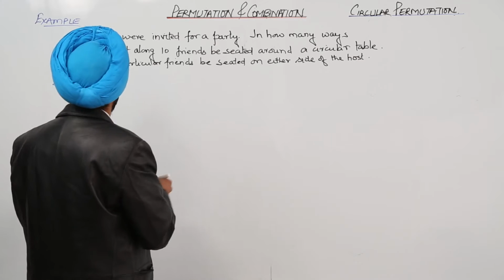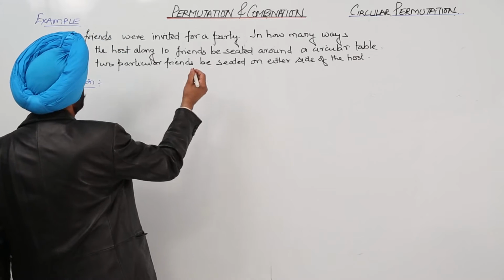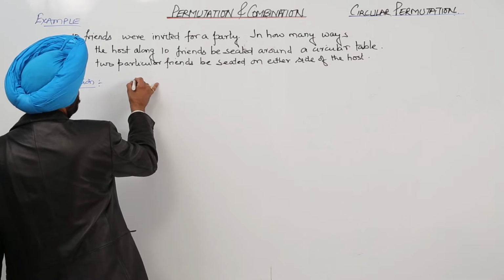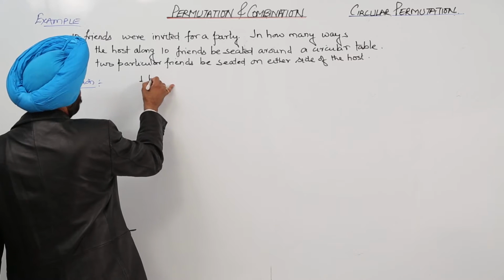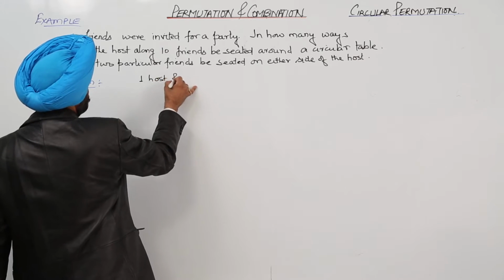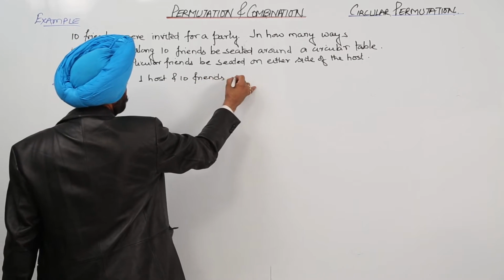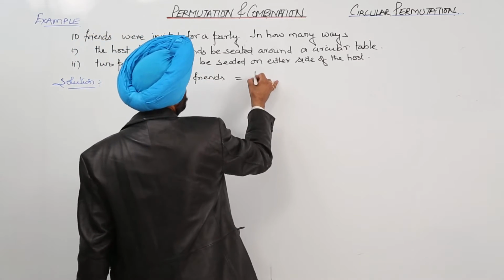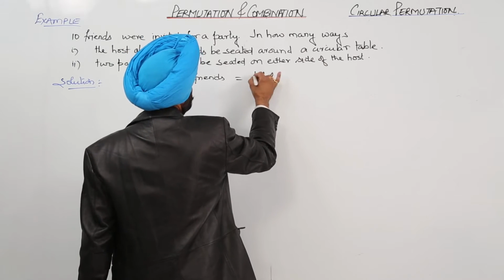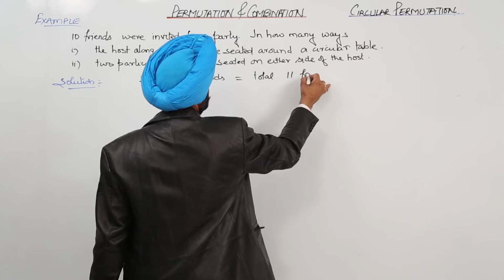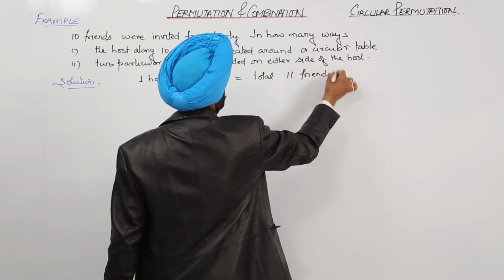Now number 1. Let it be one host and 10 friends, which is equal to a total of 11 friends. First thing.